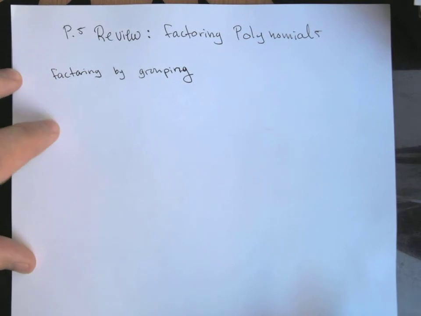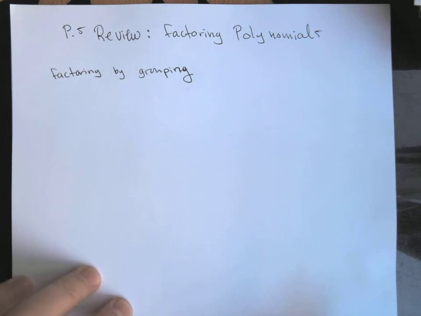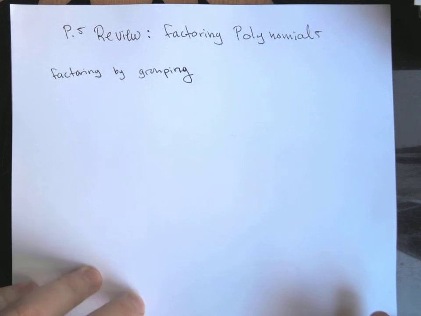I think technically the first thing in the chapter is they talk about factoring out a GCF. Factoring out a GCF is part of factoring by grouping, so we'll review the GCF as a part of this example.